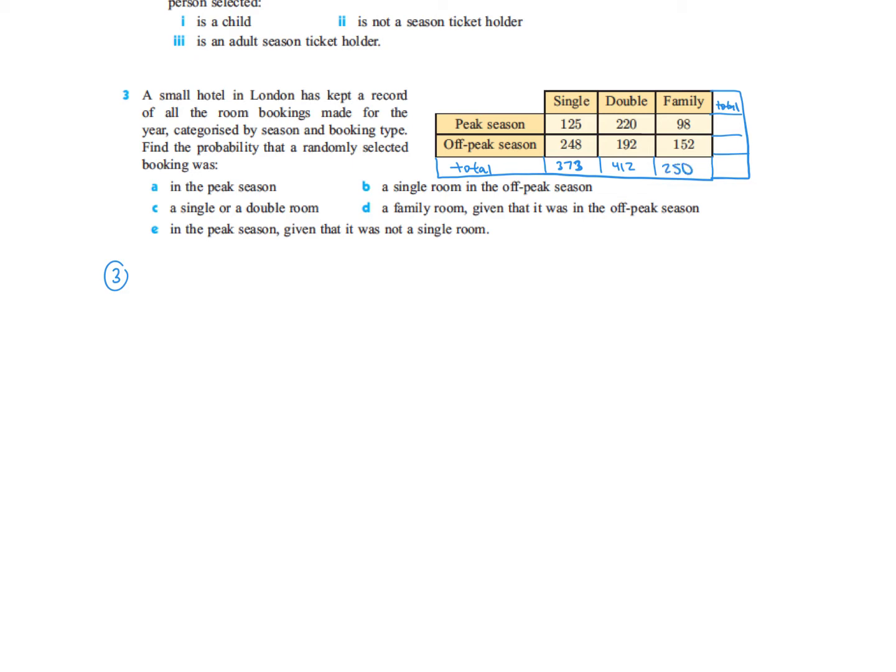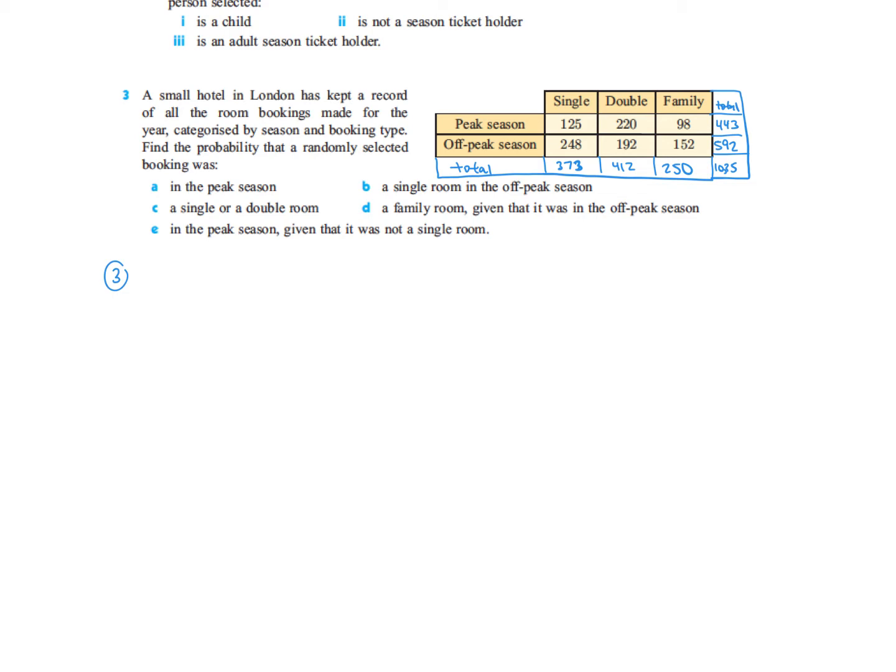So the total is 1,035. Then the total peak season is 443. And the total off-peak season is 592. And I'm just going to double check that adds up to 1,035, which it does.